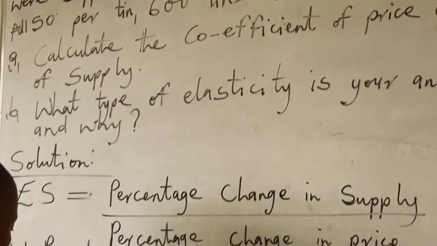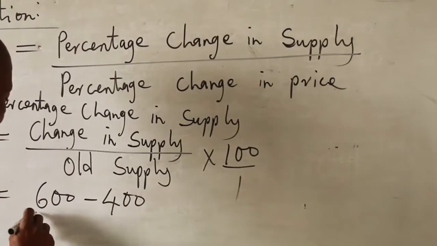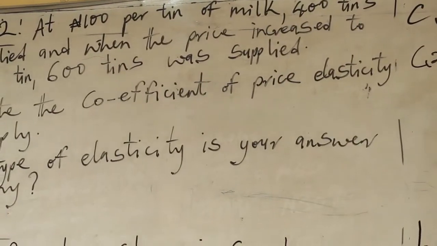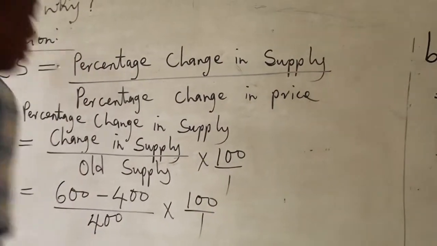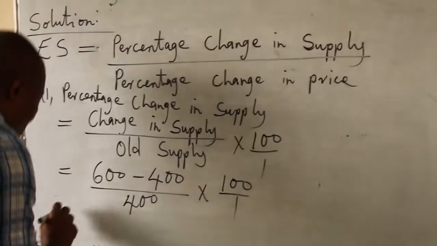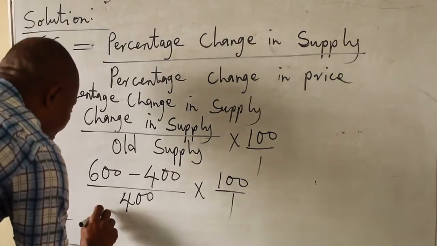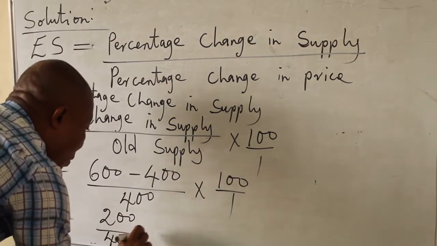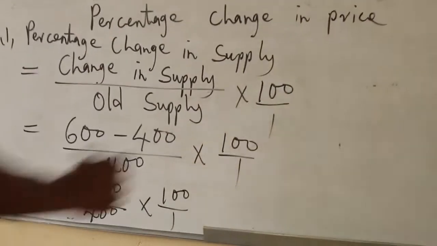And here we have 600 minus 400 all over our old supply, which is 400, times 100 over 1. 600 minus 400 gives us 200 over 400 times 100 over 1.